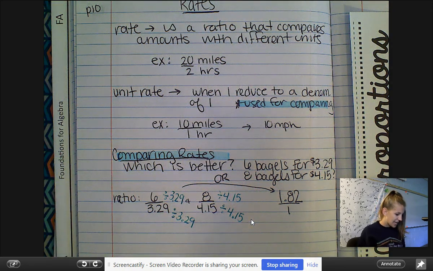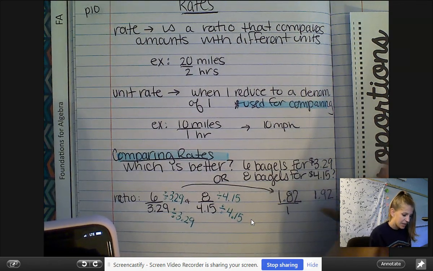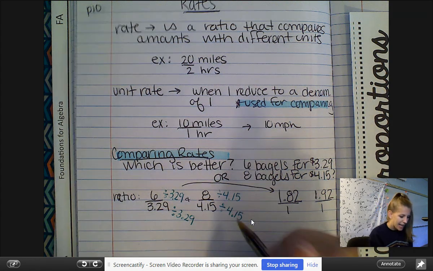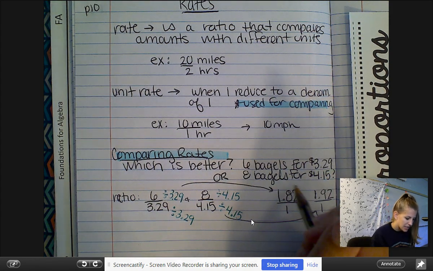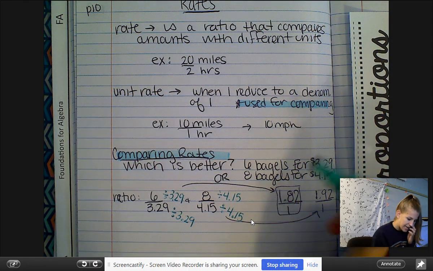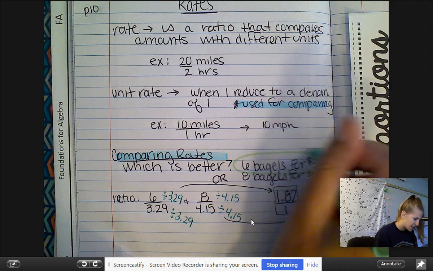And then when I do the other one, 8 divided by 4.15, we get $1.92 per 1. So that tells me which one is the better buy, because this one is cheaper. The 6 bagels for $3.29 is our better buy. So that would be our answer.